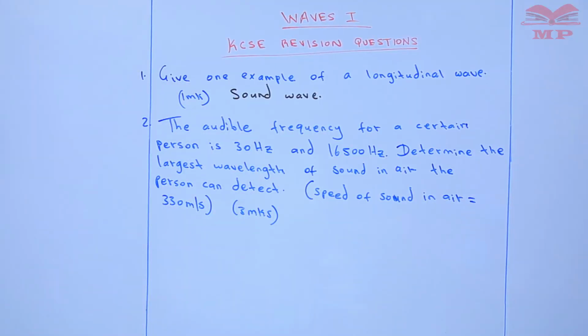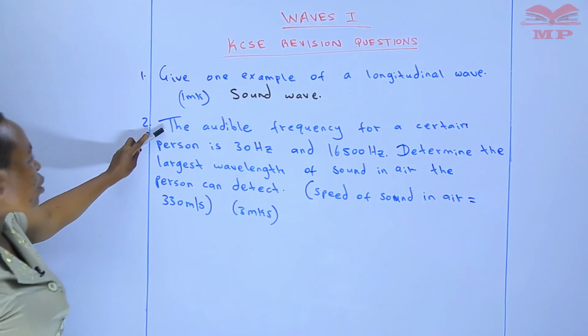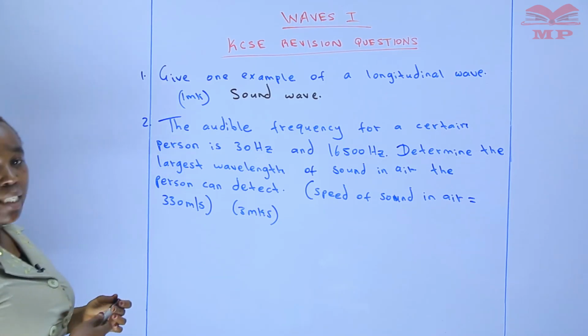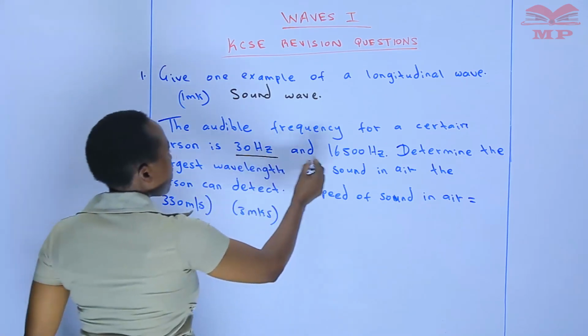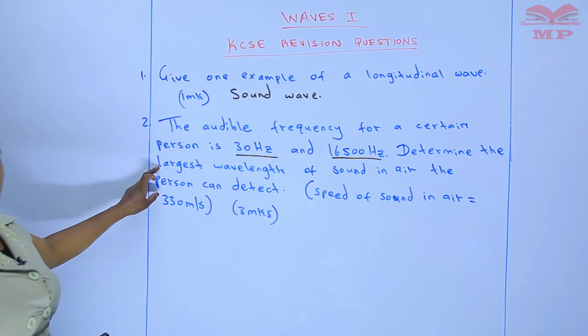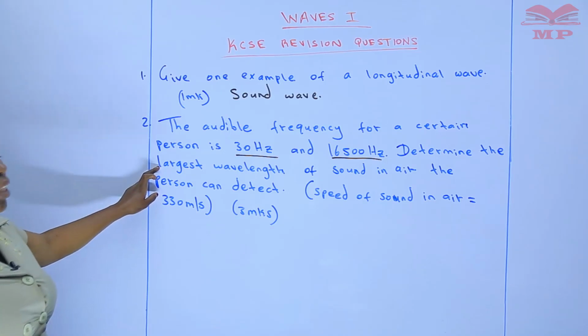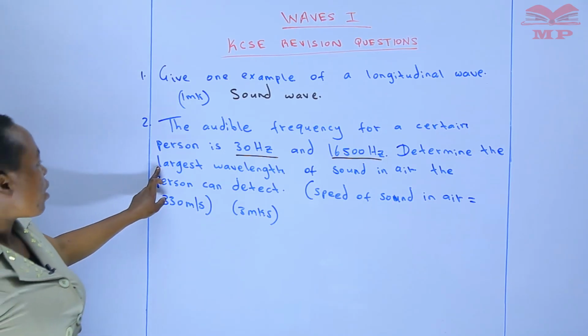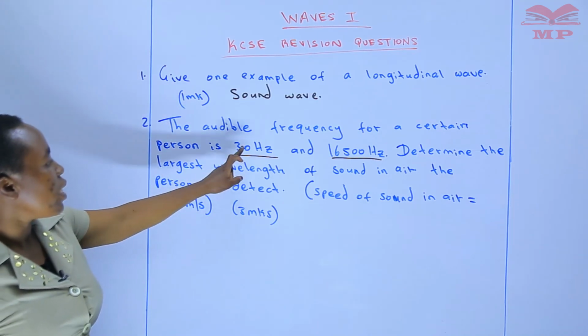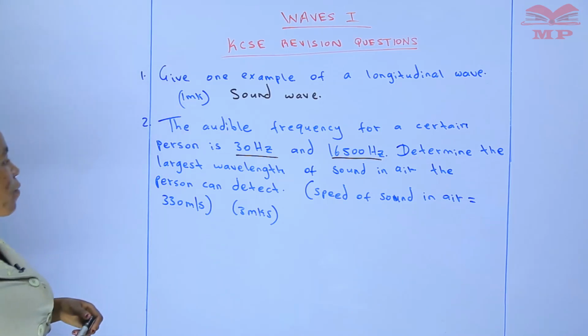So that's our question number 2. We are told that the audible frequency for a certain person is 30 Hertz and 16,500 Hertz. We are told to determine the largest wavelength, because here we are going to determine wavelength in 2 positions, where the frequency is 30 and where it is 16,500.